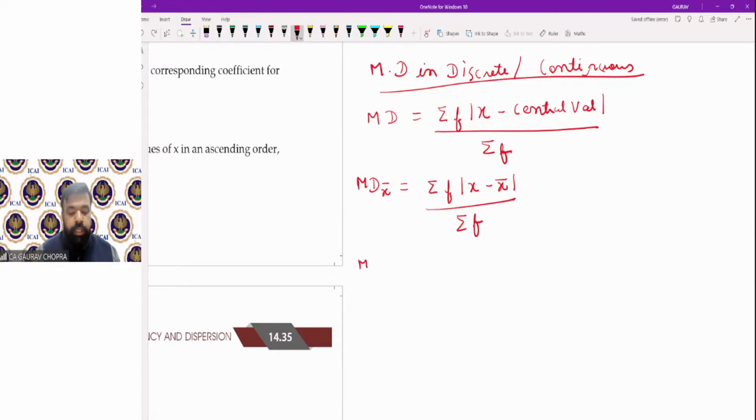Similarly, if mean deviation is from median, then sigma f mod x minus m upon sigma f.